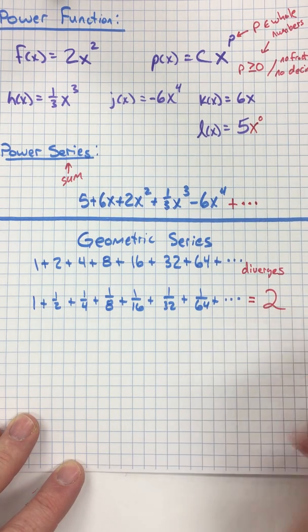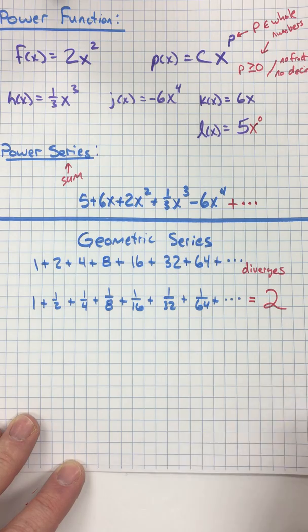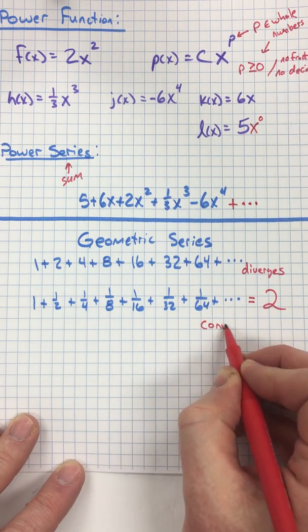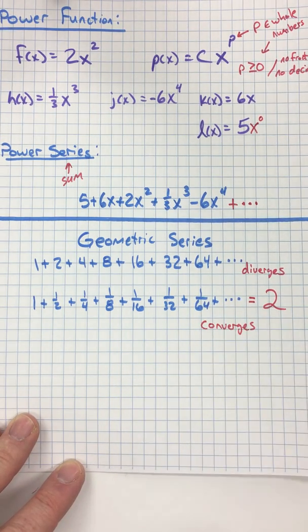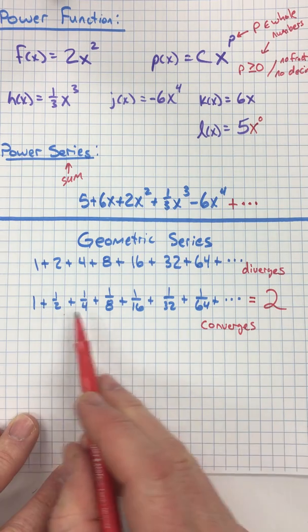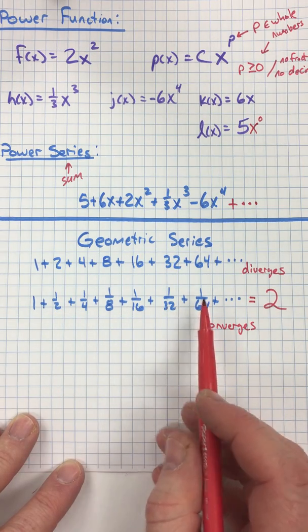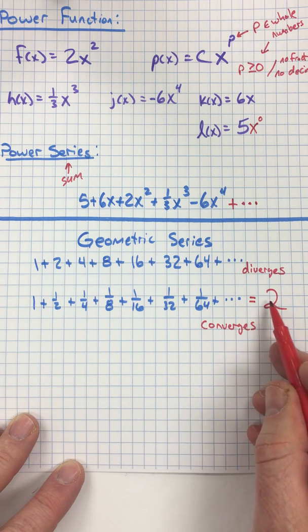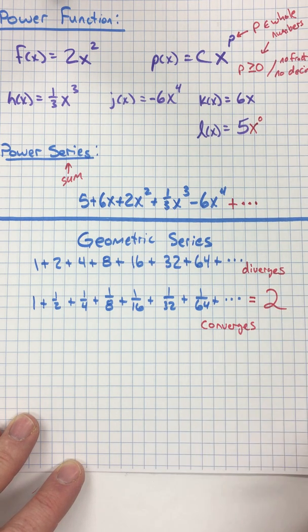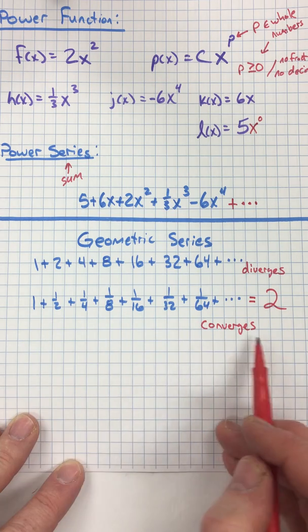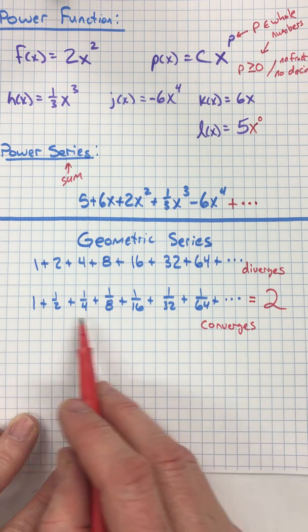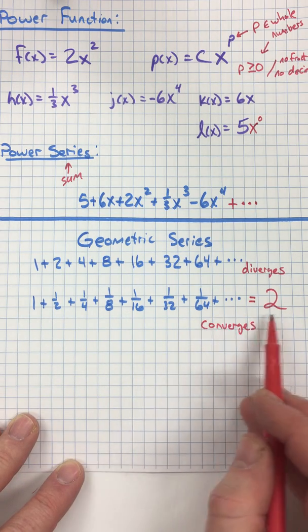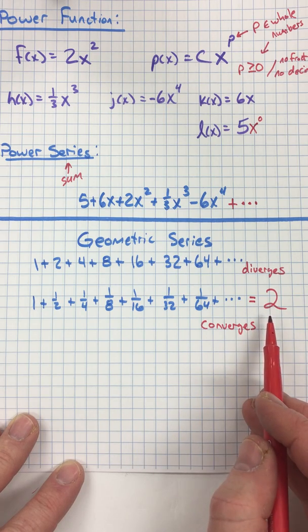In this case, it's growing towards 2. And so this is something that we said converges. What we meant by that is that as I continue to add more and more terms, the sum is getting closer and closer. It's converging upon the value of 2. And so we have this concept that sometimes, even though there's an infinite number of terms, I can still add up to a finite value.